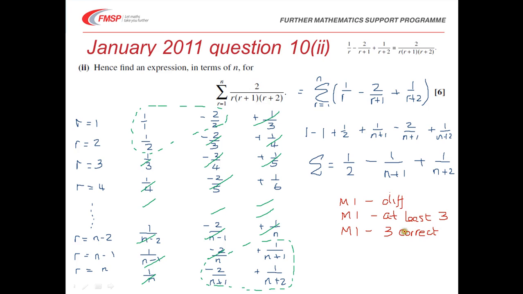Then at the end, you get an accuracy mark for the last 2 terms, a method mark for showing your cancelling, and an A1, an accuracy mark, for it all being correct. I'm writing that out so that you can see where the marks are awarded.